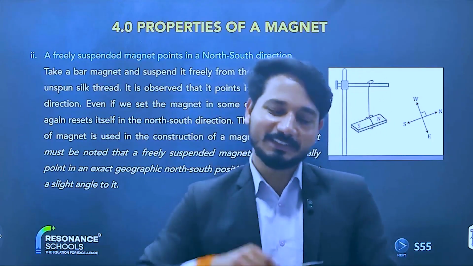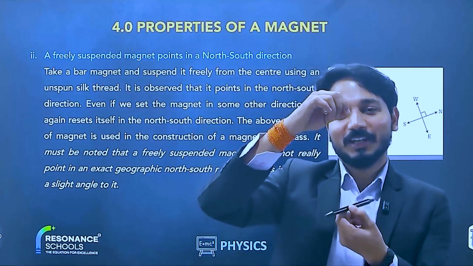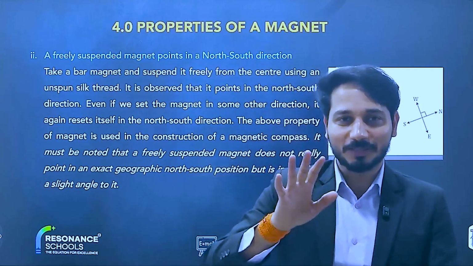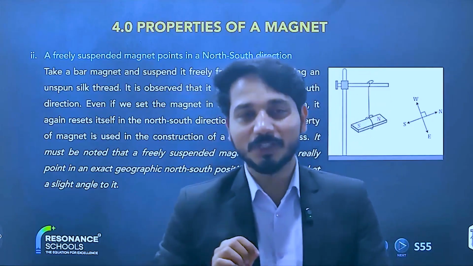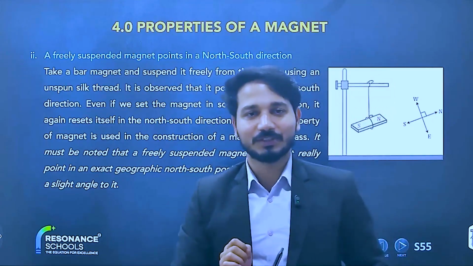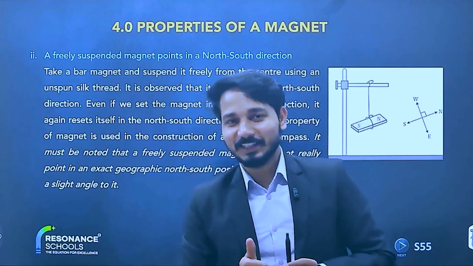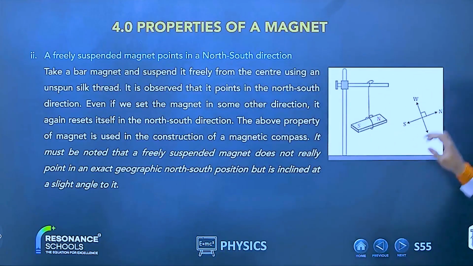It will not happen that instantly you are leaving that and instantly it will come in the north-south direction. It will take few seconds, right? After few seconds only, it will be resting in north and south direction, right? Clear? Moving ahead to our next property.